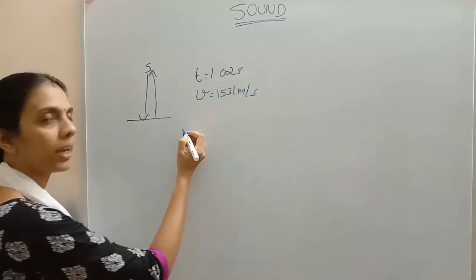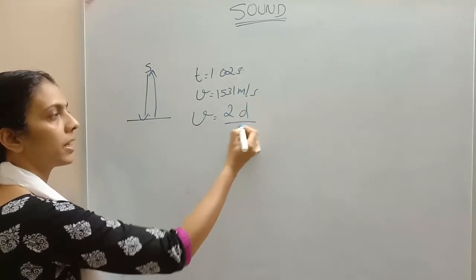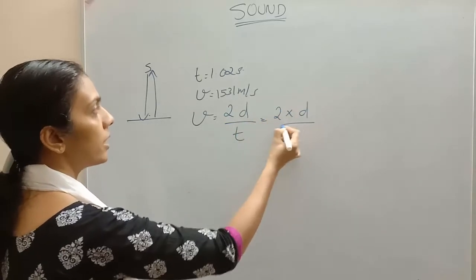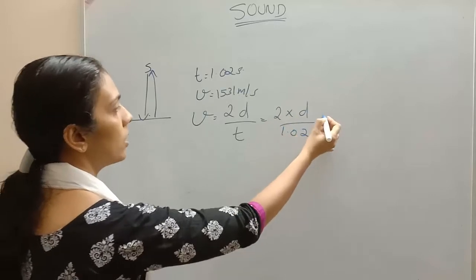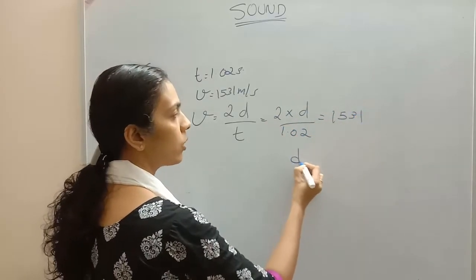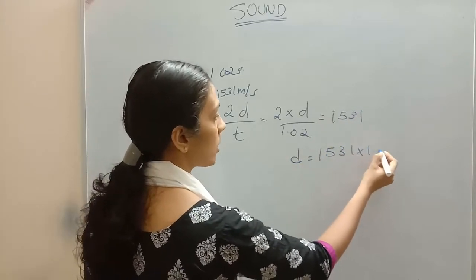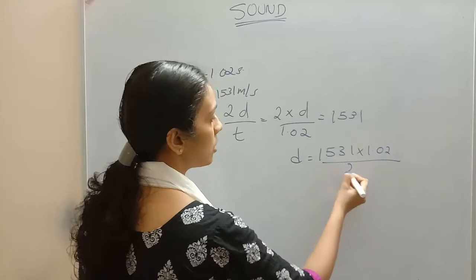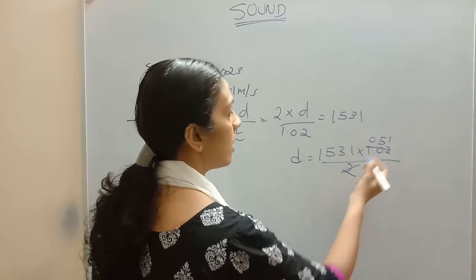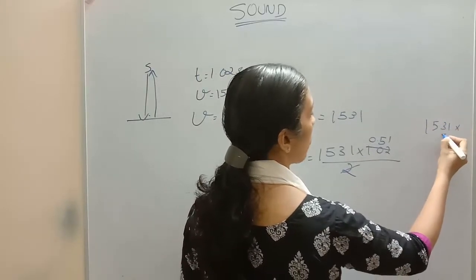We need to find out the distance. Total distance travelled is 2D divided by time. So 2 into D divided by 1.02 is equal to 1531. So how can we find D here? D is 1531 into 1.02 divided by 2, that is 1531 into 0.51.